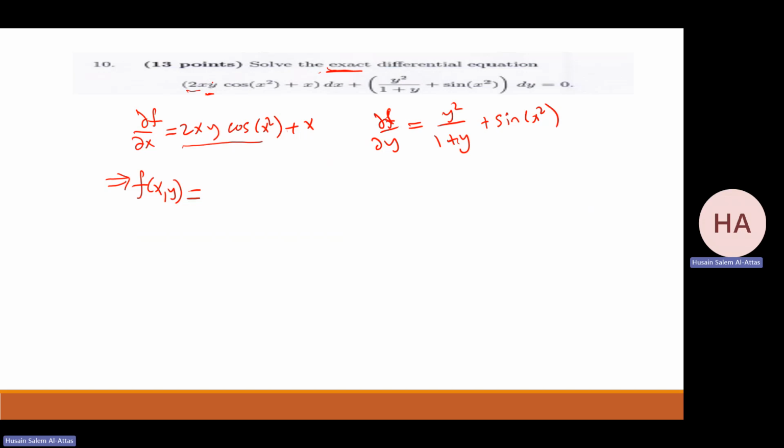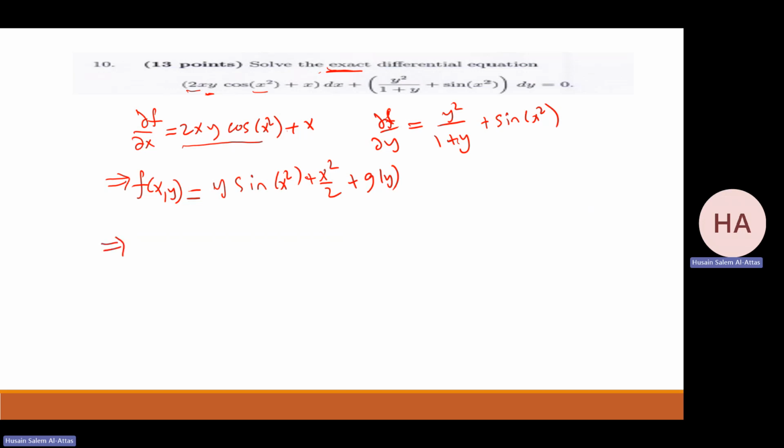This is 2x with this one. It gives me y sine x squared. Y is just a constant. Sine x squared is what? Cosine derivative, cosine x squared 2x, which is this one, plus x squared over 2 plus function of y. You can do it by substitution, or you can do it quickly like this.